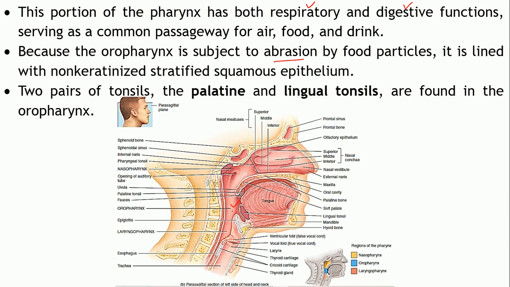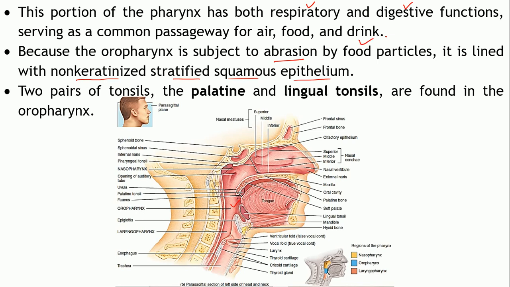So as they pass through this pharynx, they may damage the cells, right? So that is the reason why the cells which are lining this oropharynx, they comprise of the non-keratinized stratified squamous epithelium to bear the wear and tear because of the passage of the food particles which are large enough.